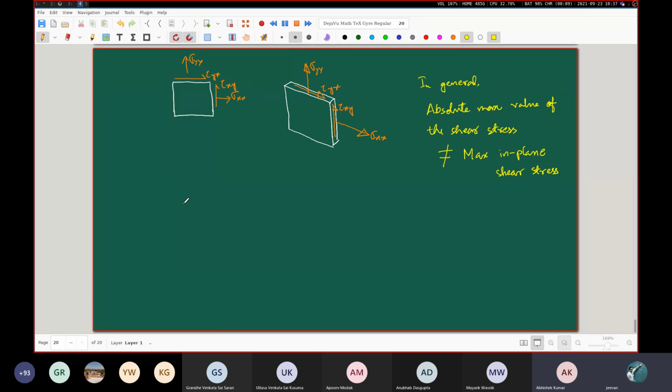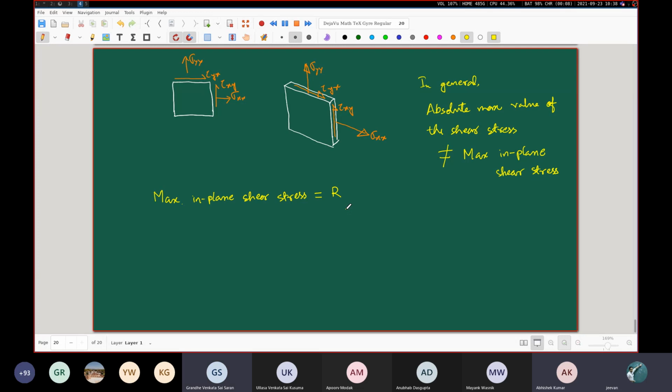You tell me, in terms of the principal stresses, what is this maximum in-plane shear stress? We have already said that that is equal to R. My question is, in terms of the principal stress values, what is this R?